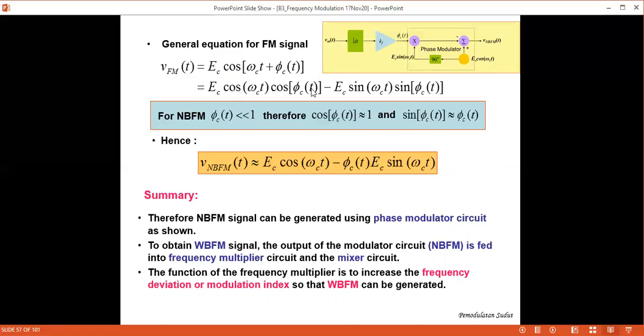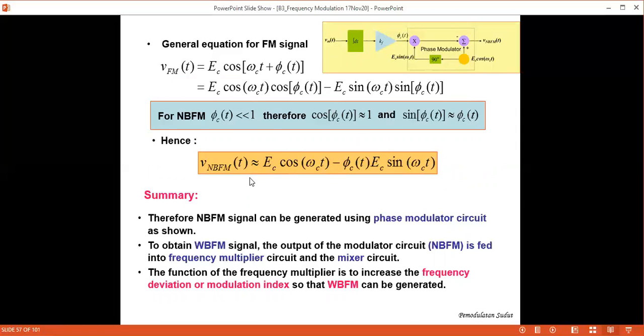Here, since phi-CT is much less than 1, cos phi-CT approaches 1 and sine phi-CT approaches phi-CT.